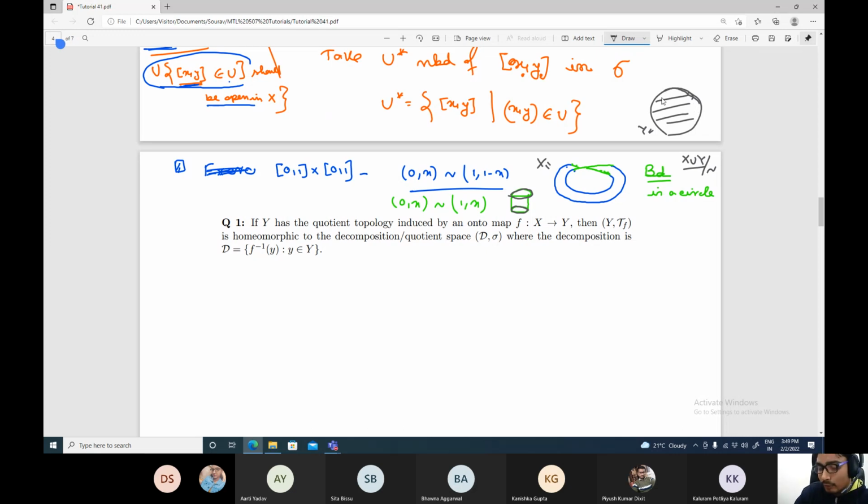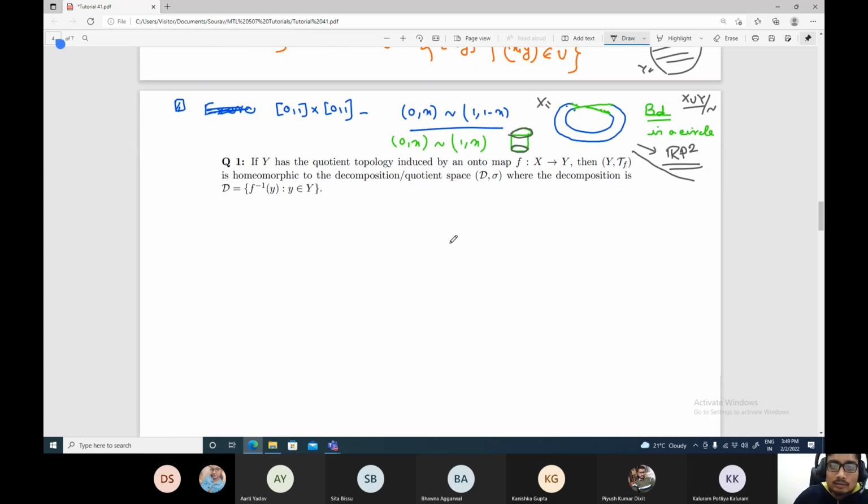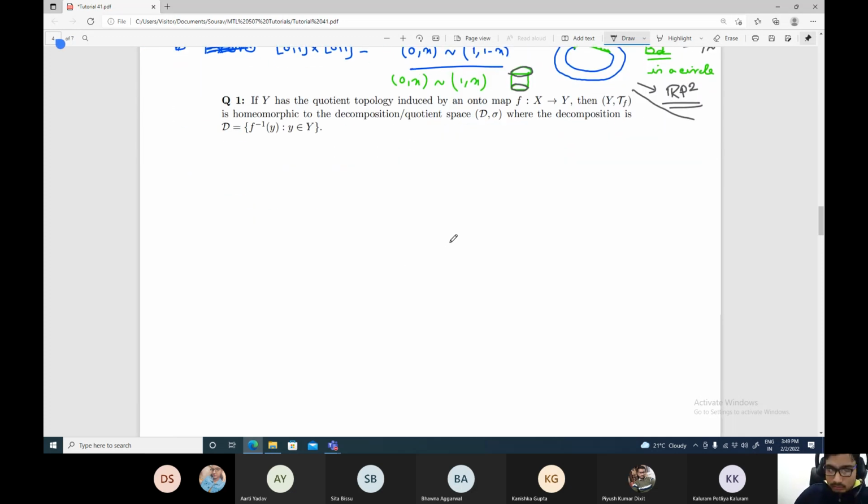Then this is a well-known and very interesting topological space called the real projective plane, RP2. Anyway, leave it for the moment. Let's come to this exercise.